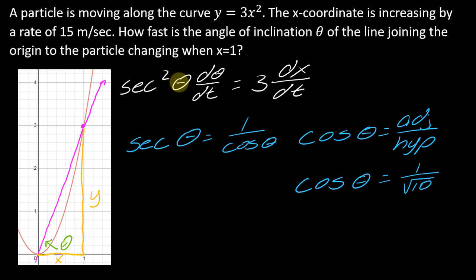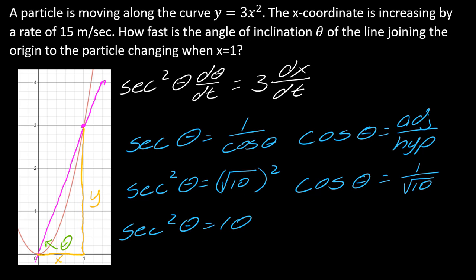If I know that secant theta is equal to 1 over cosine of theta, and I know what cosine of theta is, then secant theta will just be equal to the square root of 10, right? Which would mean that secant squared theta will be equal to the square root of 10 squared, i.e. secant squared theta equals 10.